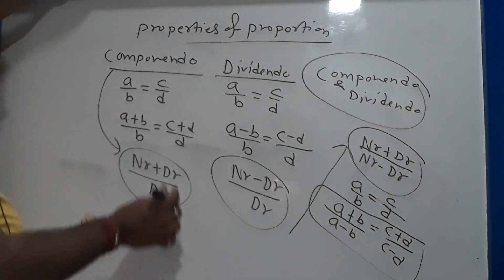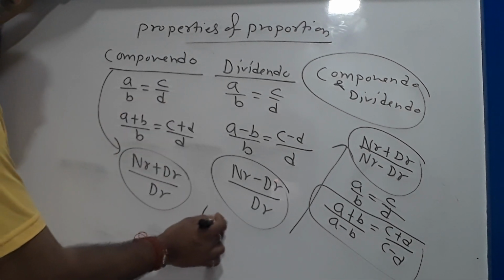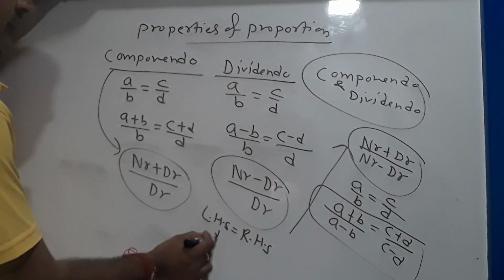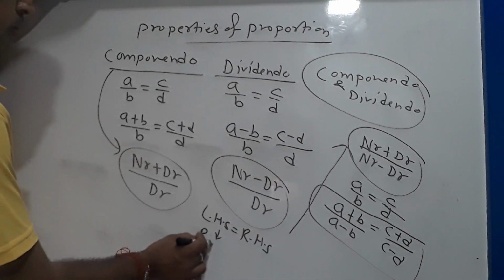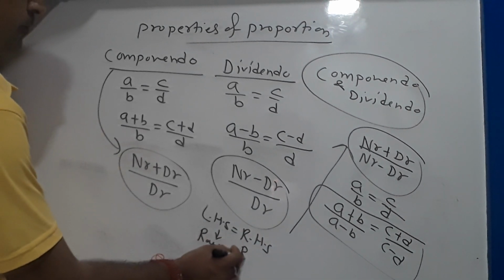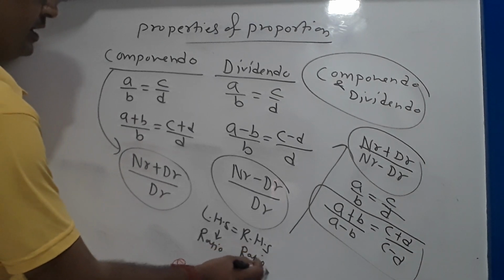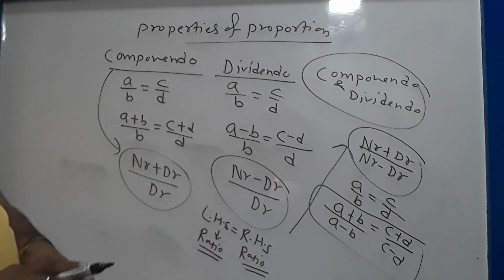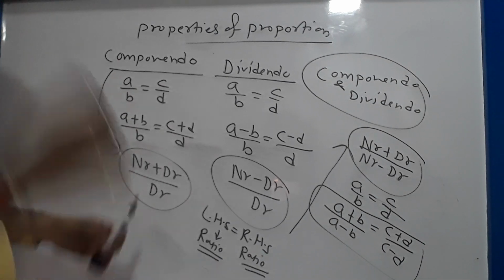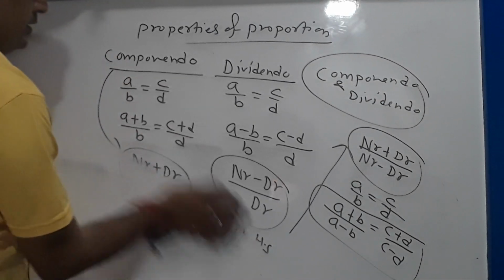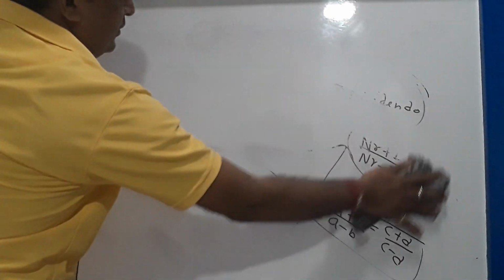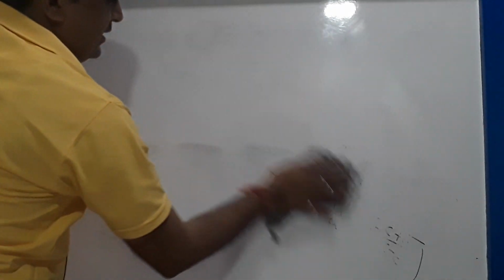When we are given left hand side and right hand side, and both sides are in the form of a ratio of two numbers, then we can apply the properties of proportion. So based on the componendo, dividendo rule, that is the theory part, then there are problems to solve.